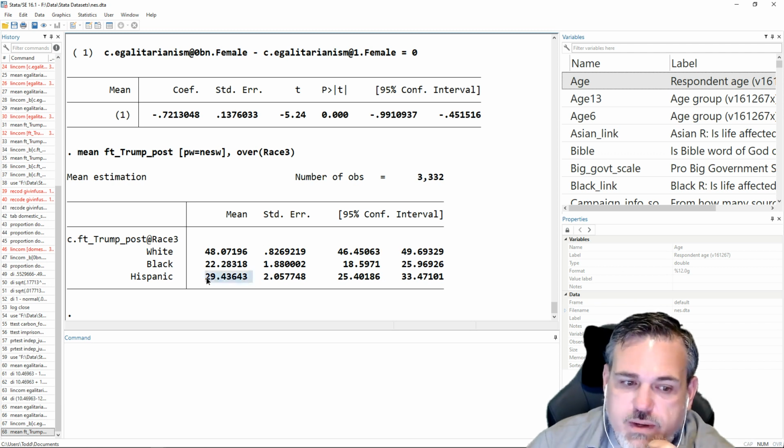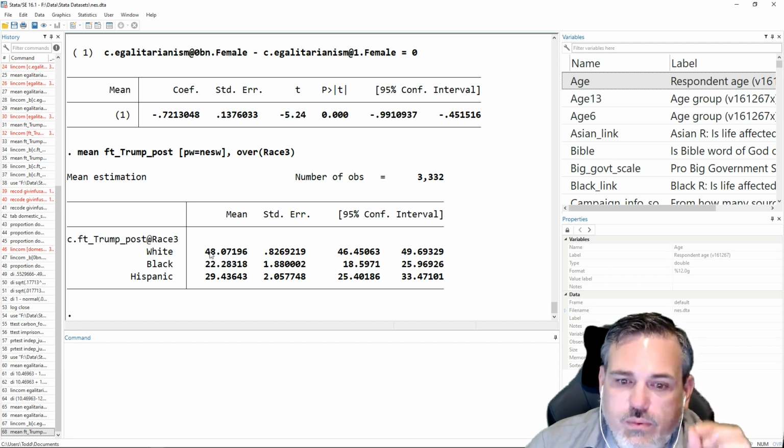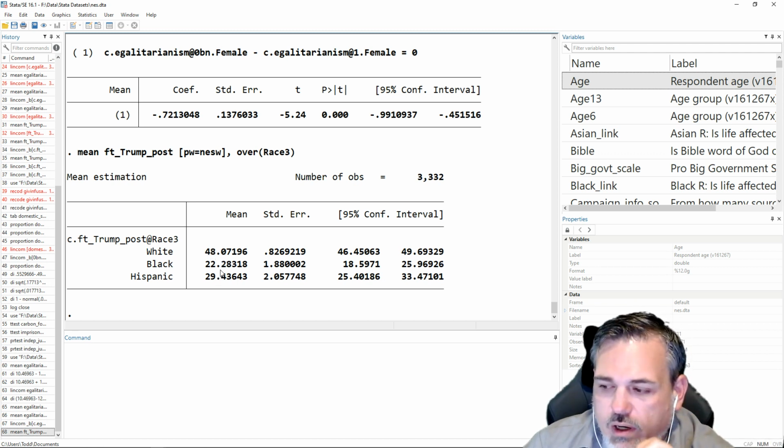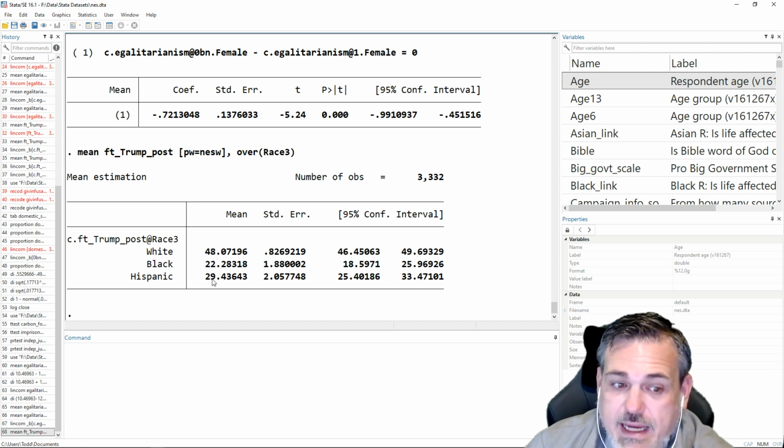So the mean for Hispanic is 29, the mean for black is 22, and the mean for white is 48. Now, it should seem really intuitive that there is a statistically significant difference between white and black, and white and Hispanic. But what we're actually going to look at is whether there exists a statistically significant difference between black and Hispanic.